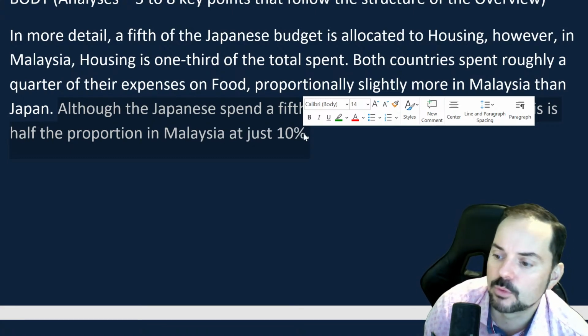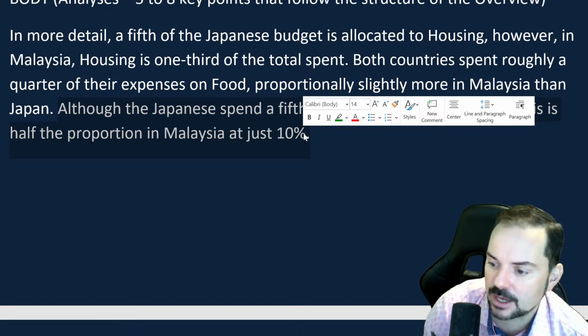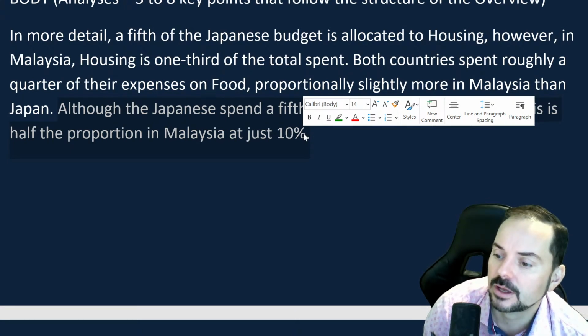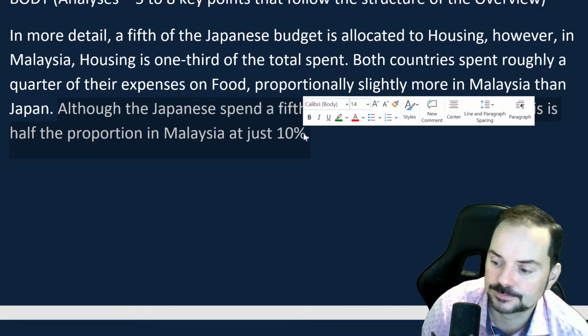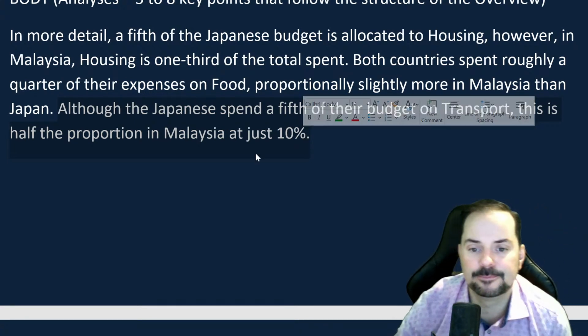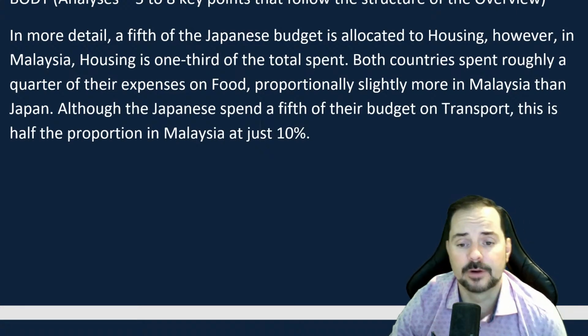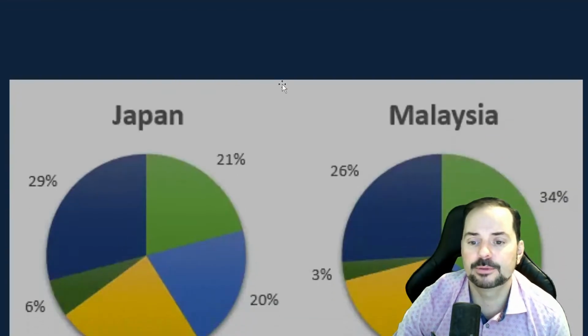So Japanese spend exactly double the amount of expenses on transportation compared to Malaysia. Okay. All right. So exactly double. Careful with that. Good job so far, everyone. So that's point number 3.